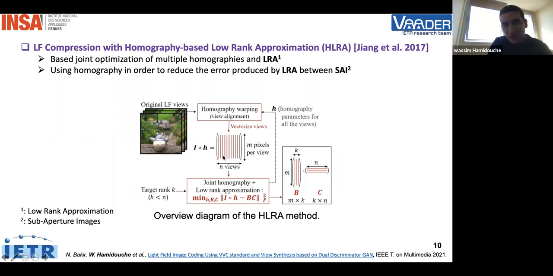And then once we have this matrix with aligned views, we apply what we call low rank approximation, which is performed with this global optimization problem.